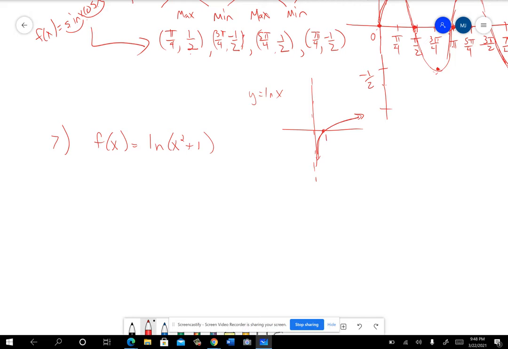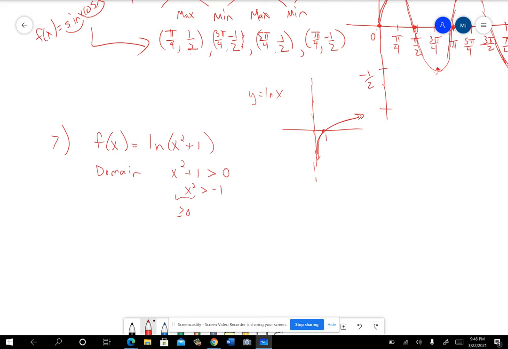But notice how the inputs can't be 0. That's the issue with the domain. So when you're doing the domain on this one, this x squared plus 1 has to be greater than, it can't even be equal to, has to be greater than 0. Well, think about it. If you subtract 1, x squared would have to be greater than -1, and x squared is always greater than or equal to 0.